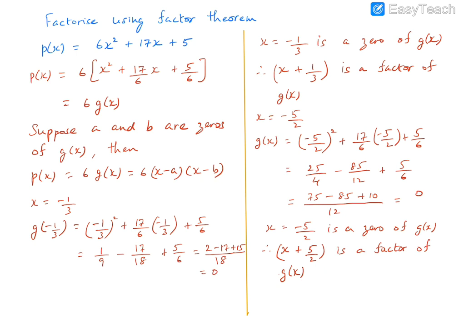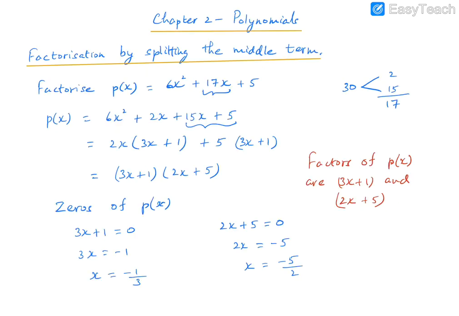So therefore we'll write p of x equals 6 into x minus minus 1 by 3, which is x plus 1 over 3, into x plus 5 over 2, right? And when we simplify this, we will get back the same answer that we have in the previous case as 3x plus 1 and 2x plus 5.